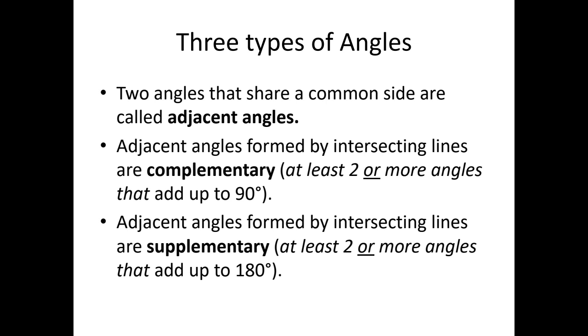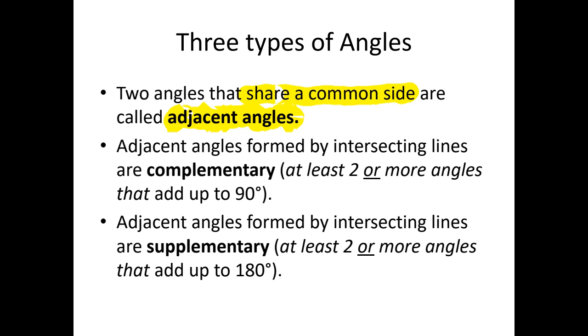Two angles that share a common side are known as adjacent angles. Now, many years ago, they used to call them attached angles. So, depending on the question in Pearson, it could say adjacent, it could say attached.